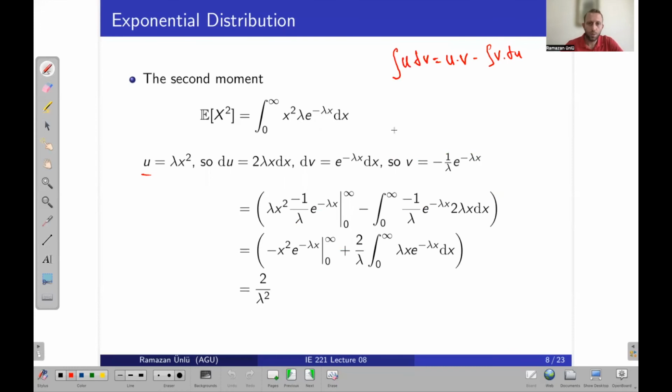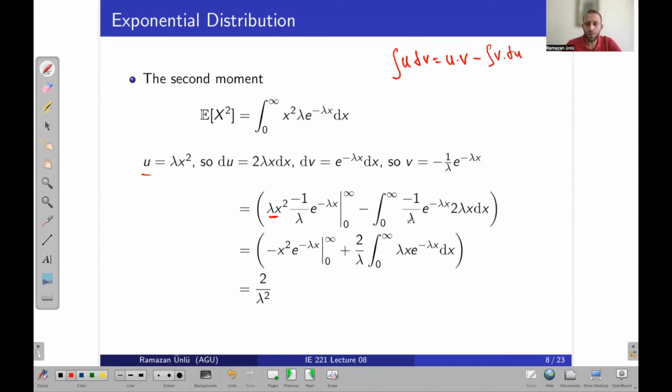Well, what is the u? It is lambda times x squared. And what is the v? The v is minus 1 over lambda times e to the minus lambda x, and the x values range from 0 to infinity, minus the integration of v times du.